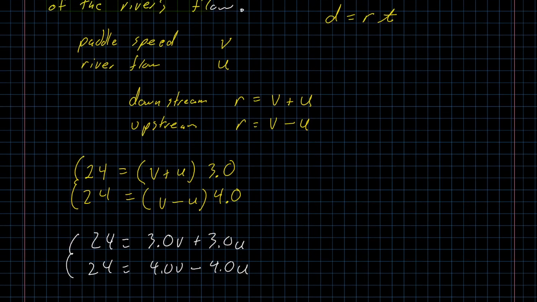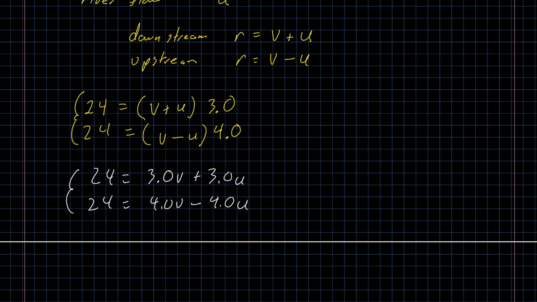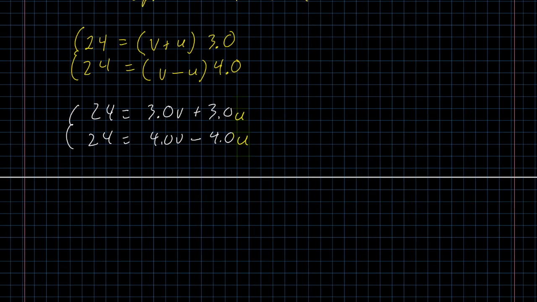We are specifically asked to solve for u in this situation. So as we approach using the method of elimination, we want to make the conscious choice to eliminate v and leave u, because we don't care about v. We don't need to know v in order to answer the question. That will save us some time.